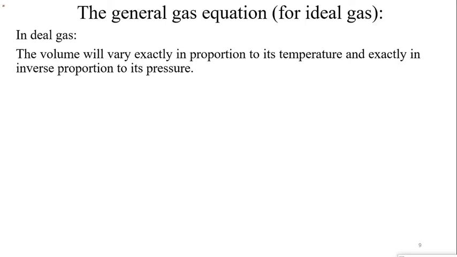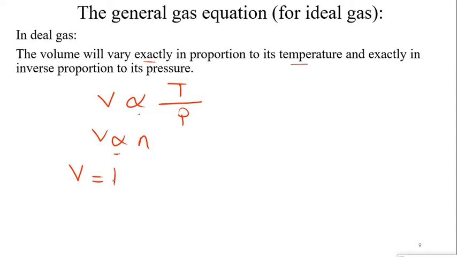The general gas equation is actually related to the ideal gas. In ideal gas, we will assume that the volume varies exactly in proportion to the temperature and inversely proportional to the pressure. This means V is proportional to T over P. And we also know that V is proportional to n, so I can remove this proportion symbol by substituting this proportion with a constant.